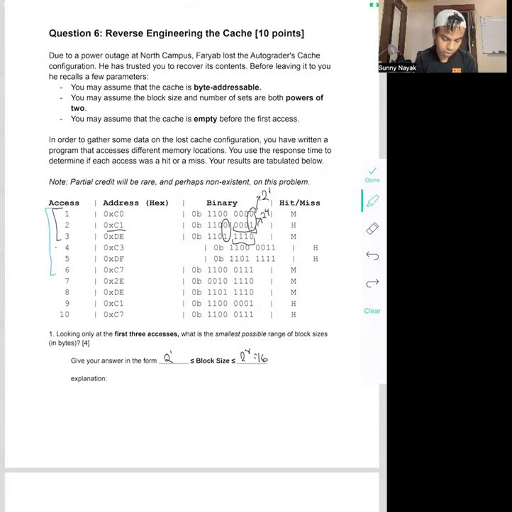Well, I know that C3 doesn't belong to the same block as DE, right? Because that wouldn't fit in my upper bound. They have different fifth bits, but I still get a hit. That tells me that my cache has both the blocks associated with DE as well as the block associated with C0, C1, and now C3 in it, right? Well, if C3 belongs to the same blocks as C0 and C1, let's look at their most significant different bit.